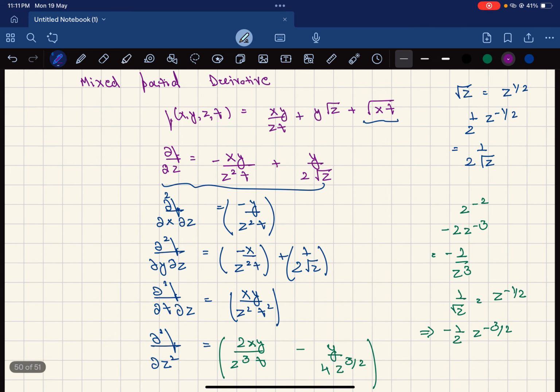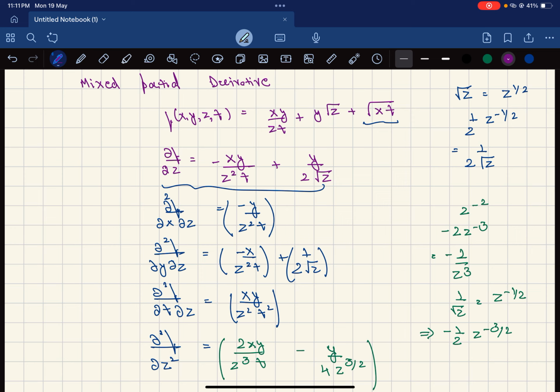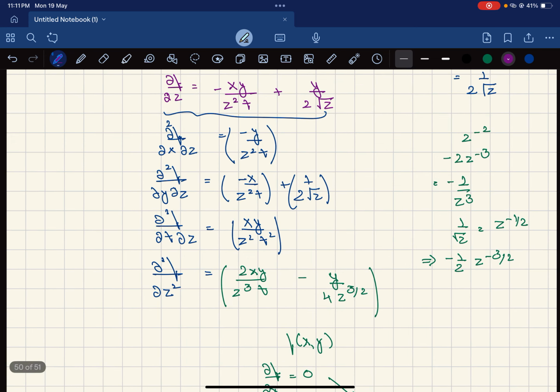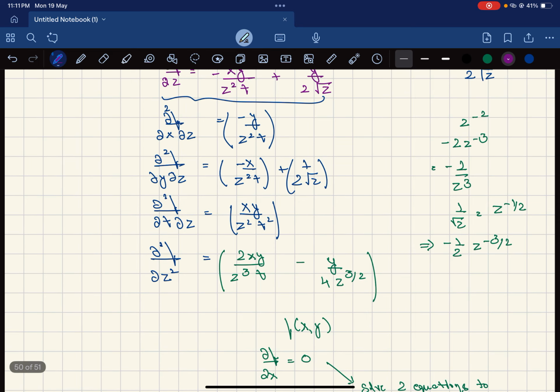Then we looked at mixed partial derivatives, where instead of doing a partial derivative with respect to one variable, we can do it with respect to multiple variables in a sequential manner. So first we do the partial derivative with respect to z, and then with respect to x. We could have done it with respect to x first and then with respect to z. So all kinds of possibilities are there, and these are the notations used to denote these mixed partial derivatives.